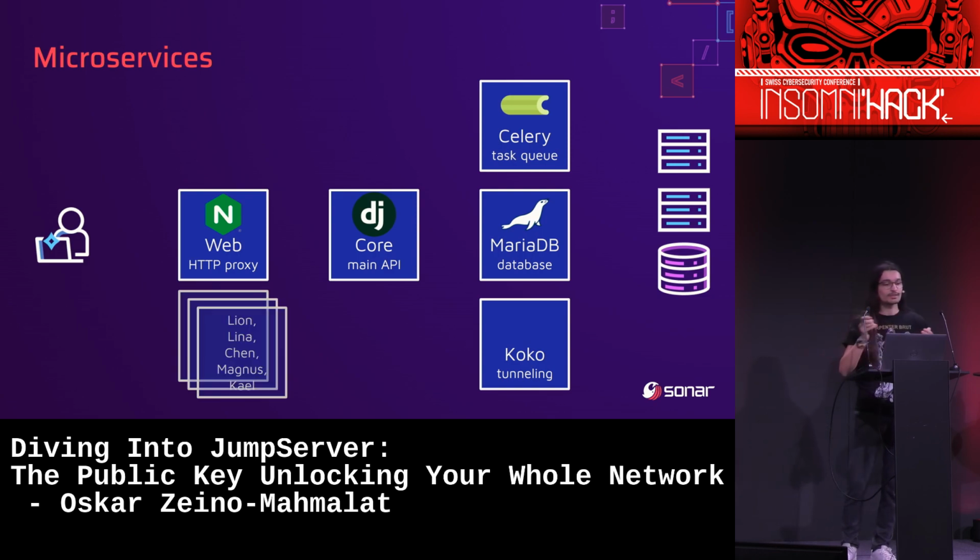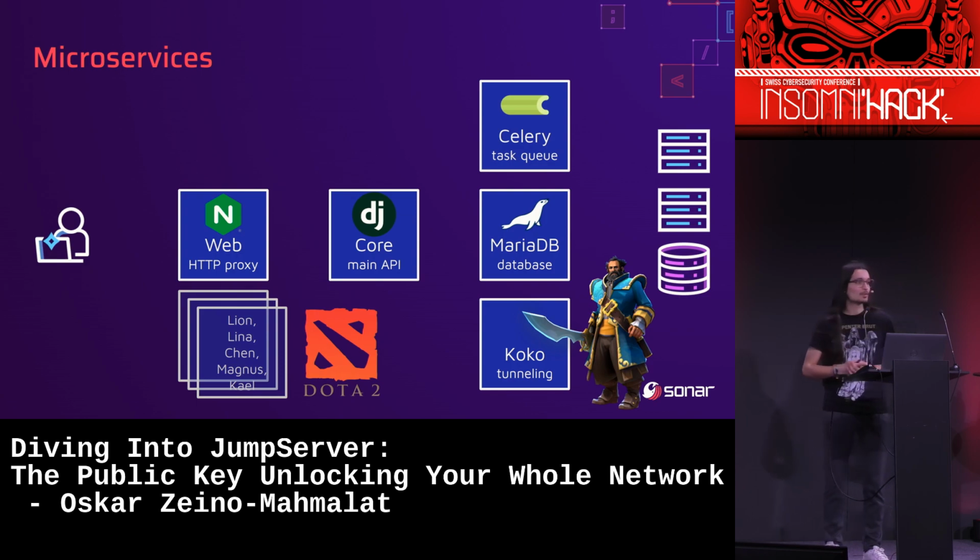And these are not all the things that we talk about today. They have even more containers with some interesting names. I was first wondering, what are they doing here? It turns out they're using names from Dota 2 characters. So maybe you recognize some of these. And also the guy on the right, we will see him throughout this presentation, because he's the name giver of one of the containers here.